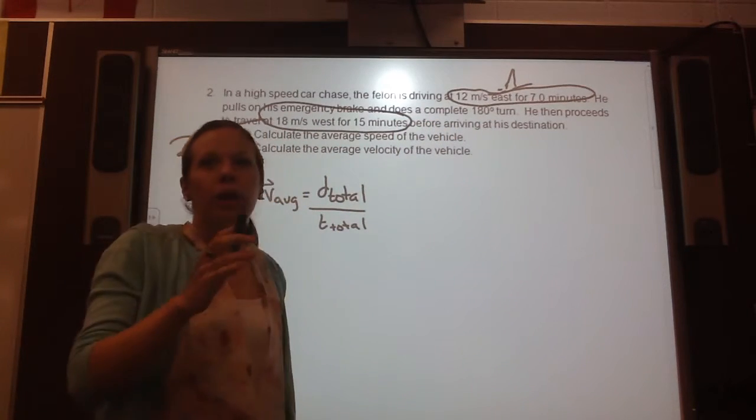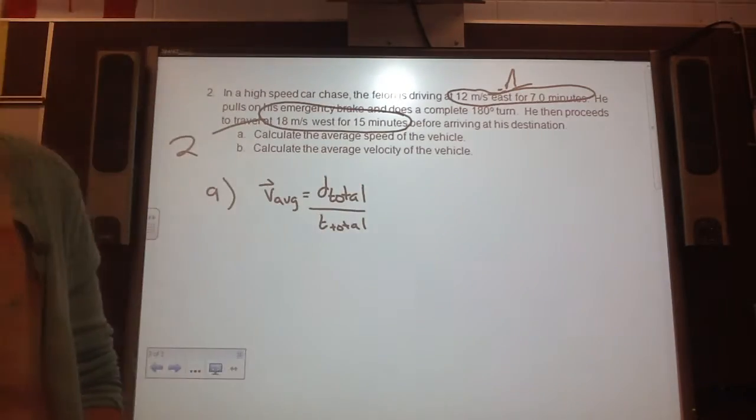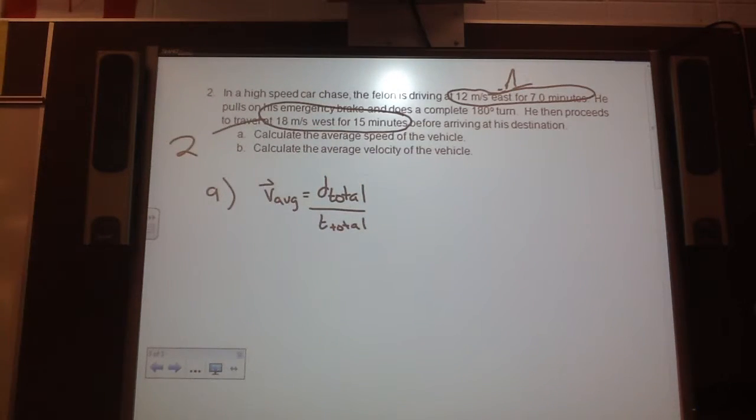So for both 1 and 2, we're given speed and time, but we need to find distance, right? So we're going to use that information to find our distance first for each, and then we can find our average speed. Because we want to look at both scenarios and find overall what's the average speed for both. But we're not given distance, so we got to do a little bit of legwork to figure that out first.